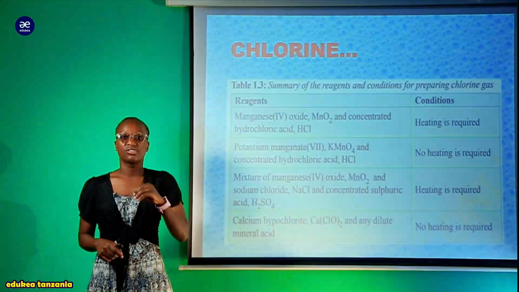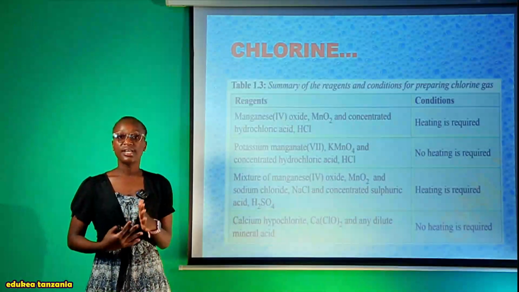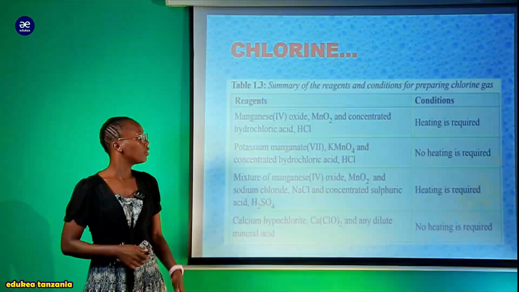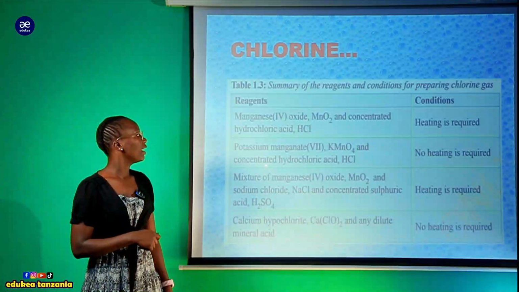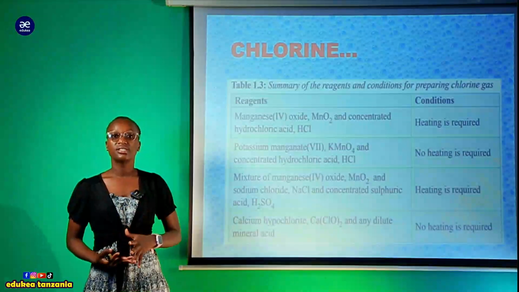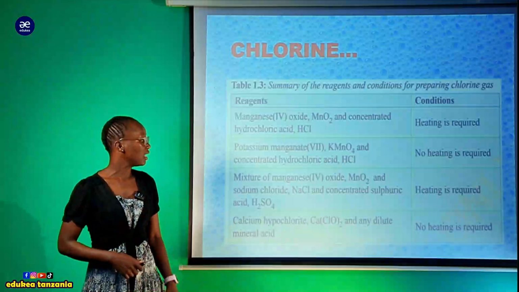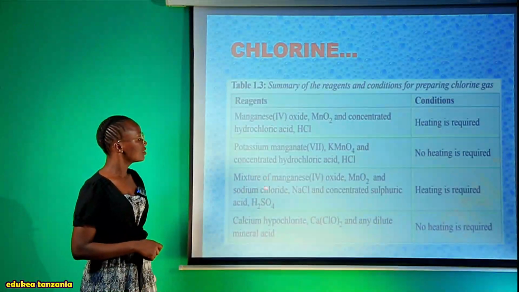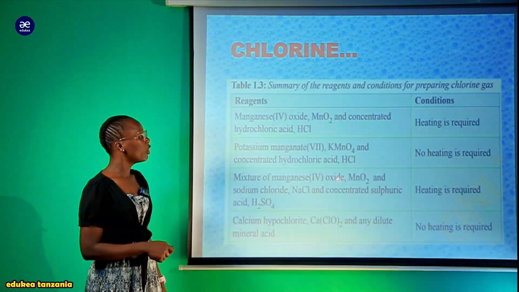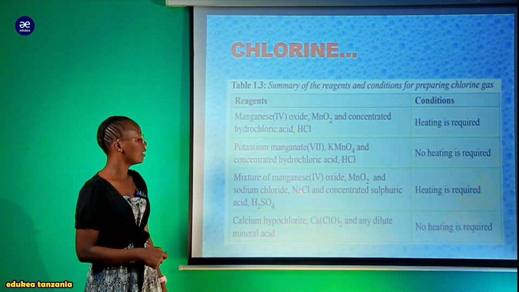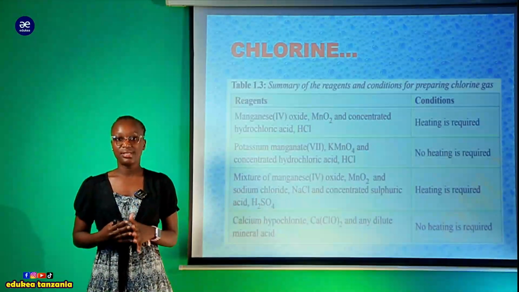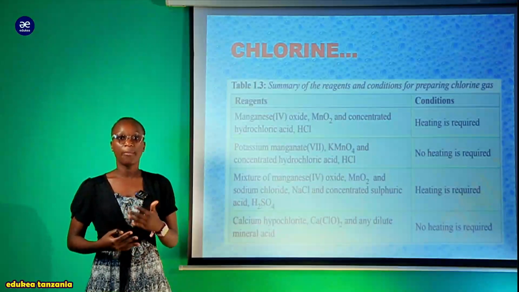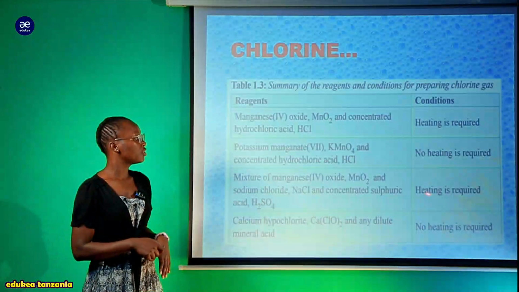Potassium permanganate is a very strong oxidizing agent, so this reaction takes place with no heating. So the condition, no heating required during this reaction so as to produce the chlorine gas. But also the mixture of manganese 4 oxide and the sodium chloride and the concentrated sulfuric acid, mchanganyiko wa hizi compounds wenyewe una involve the condition of heating.